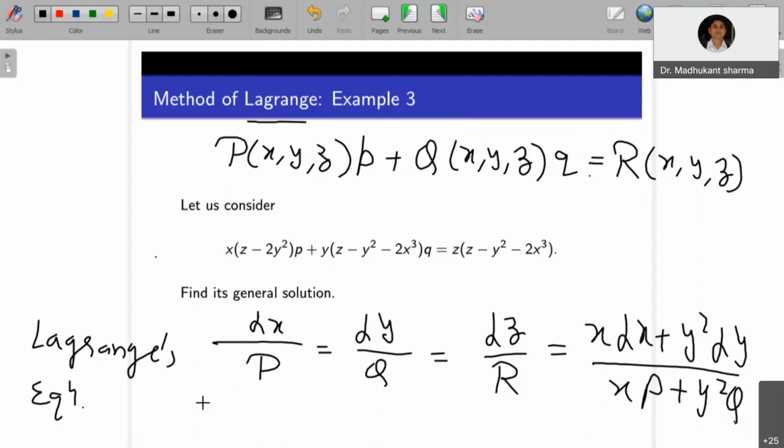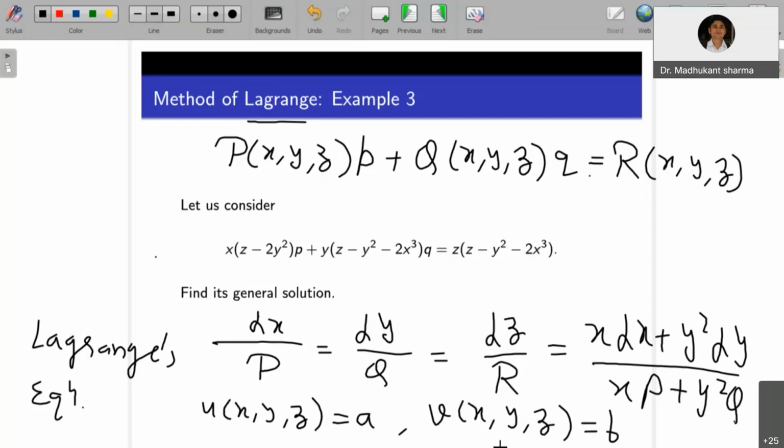One family of solution you can call u of x comma y comma z equals a, and another family of solution is, let's say, v of x comma y comma z equals b.